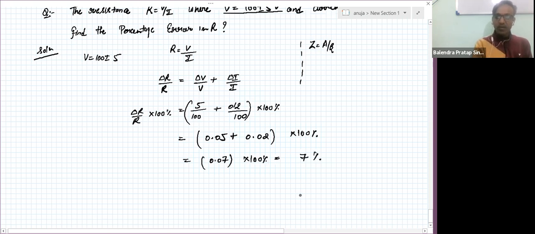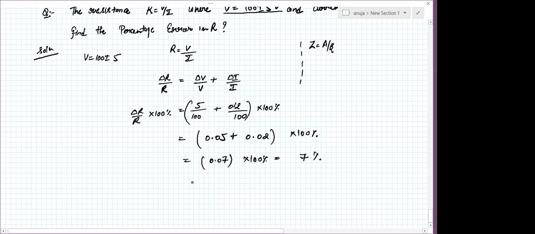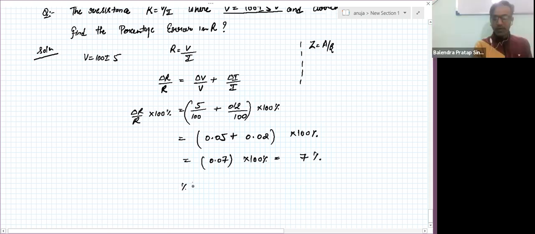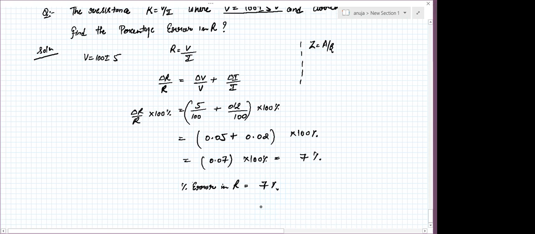So the percentage error in R is equal to 7%. Okay, is it clear?